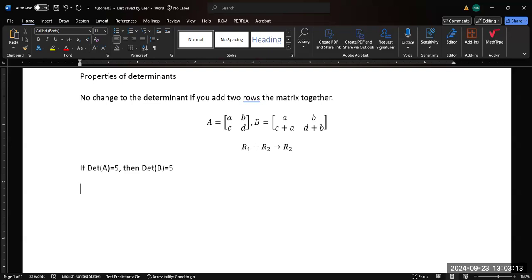But let's look at our individual operations. If you multiply a row of the matrix by a scalar, you also multiply the determinant by the same scalar.